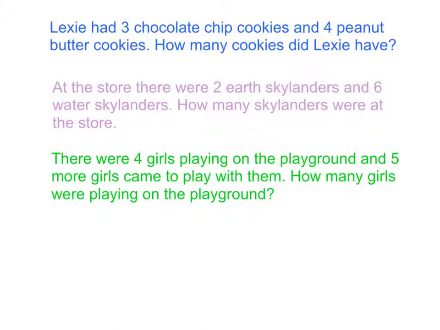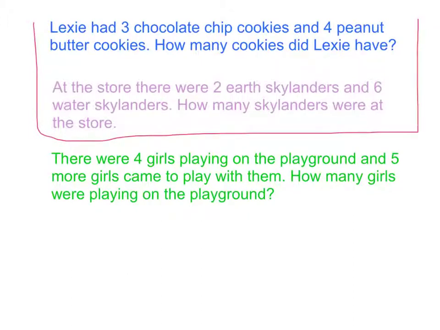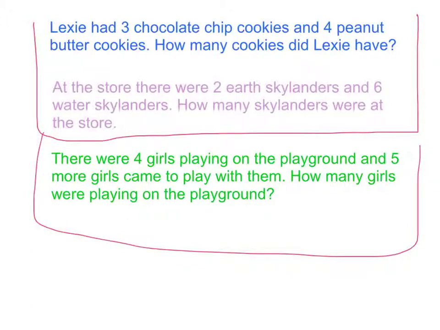The difference between these 2 problem types is the action. These first 2 problems do not have an action, and the last problem here does. There were 4 girls and 5 more came to play with them. But in the first two, there were 3 chocolate chip cookies and 4 peanut butter cookies. There were just some different kinds of cookies. None came or went away.